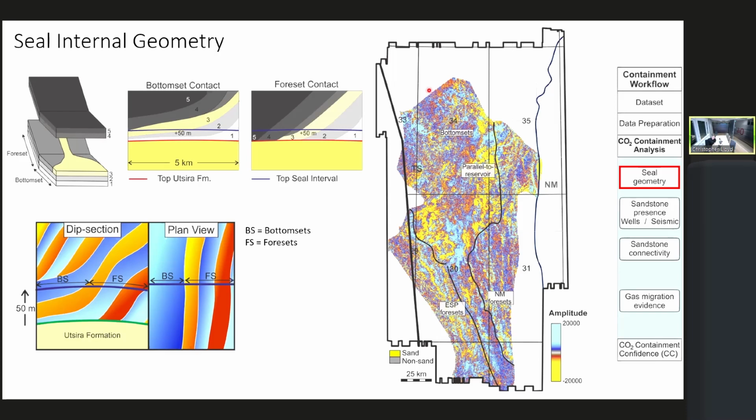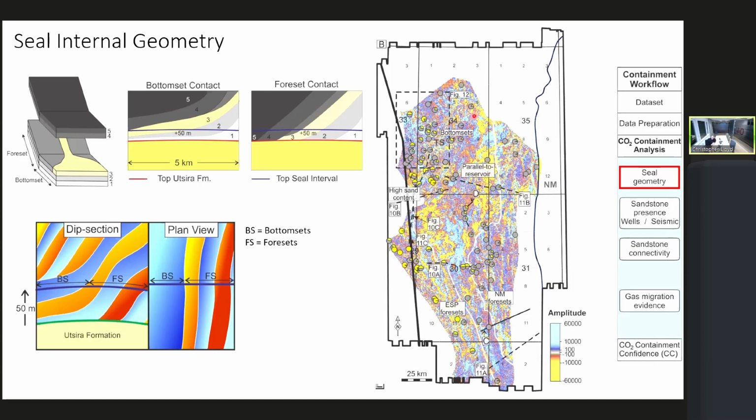If we do that to the aquifer here on the right, we can see those alternating bands in both the East Shetland platform clinoforms and the Norwegian mainland clinoforms. That suggests we're at the foresets within 50 meters of the top of the aquifer in these sections. Slightly further to the north, we see broad areas of single colors, which signifies that we're slicing through bottom sets parallel to the reservoir.